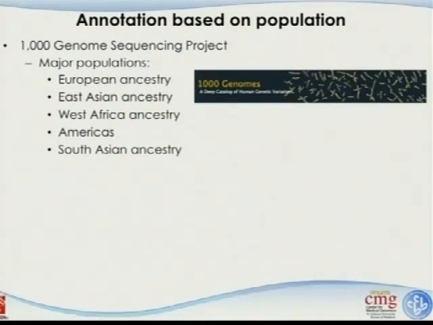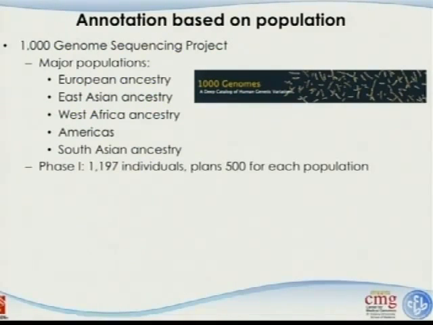And the next annotation based on population will be the 1,000 genome sequencing project, and Tatiana also talked about it a little bit. They include the 5 major populations: European, East Asia, West Africa, Americas, and Southeast Asian ancestries.